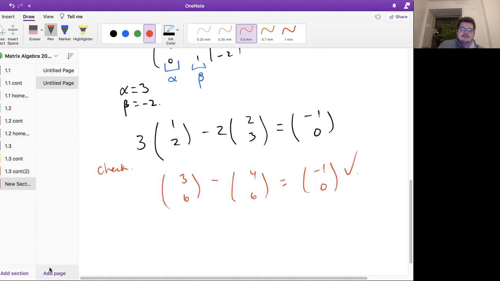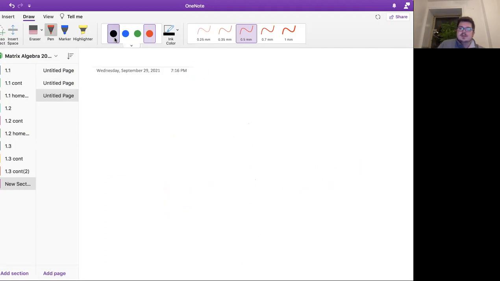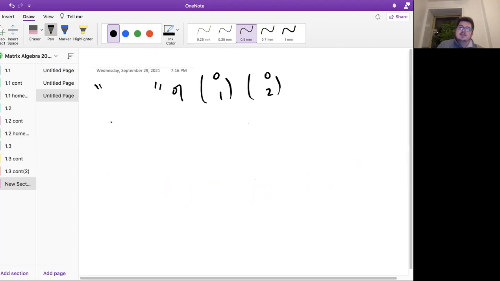Let's do another one. So same question, but of (0, 1) and (0, 2), that make (1, 1).